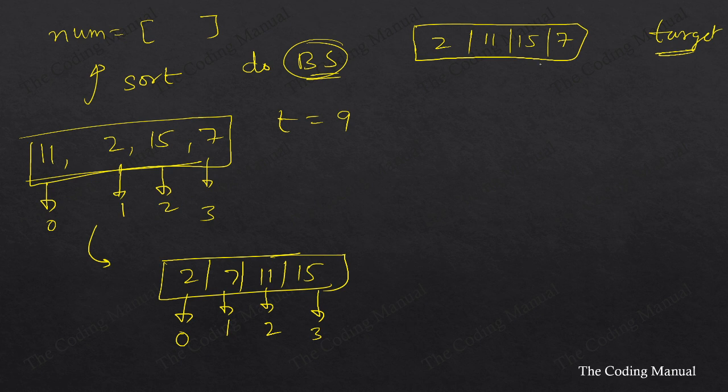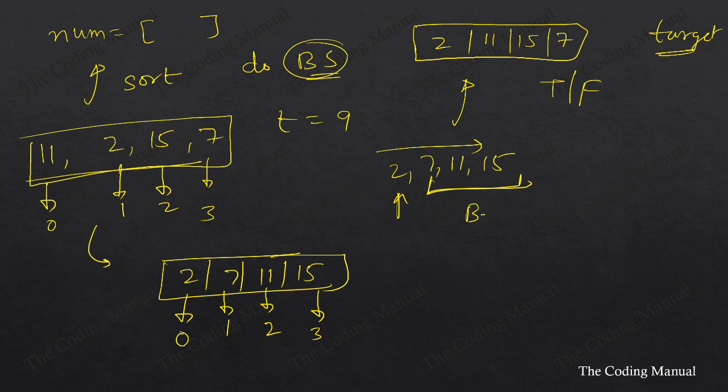If the question asks whether this array has two elements which add up to a given target, so we have to return true or false, then we can sort and do a binary search, which will be very easy. You sort, so it becomes 2, 7, 11 and 15, and then you loop once, and on the remaining array you do a binary search.